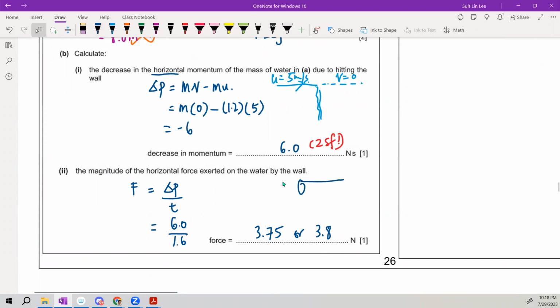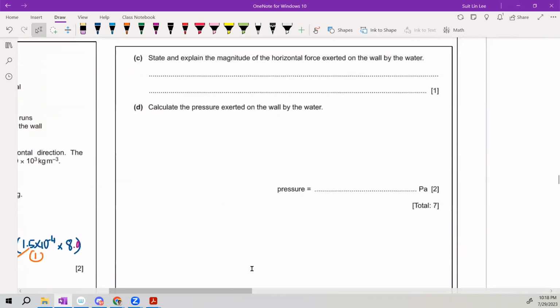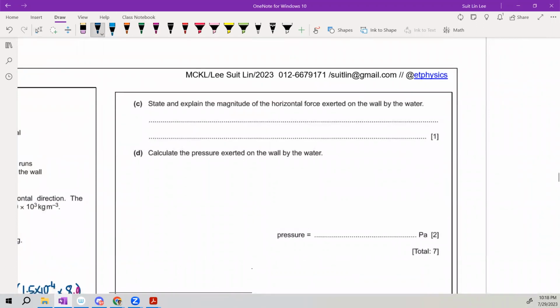So imagine this is the water column. It experiences a force from the wall. And then after the wall slapped the water, it can only flow down. Okay. But of course, you know, the power washing concept.